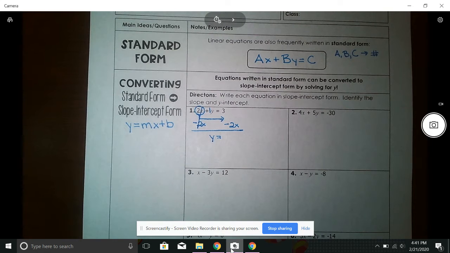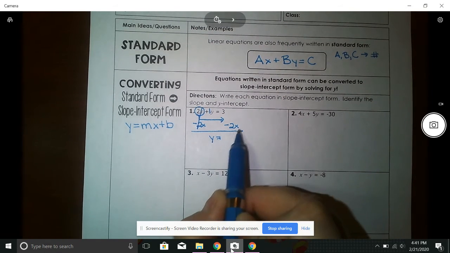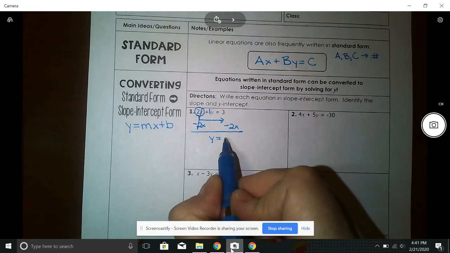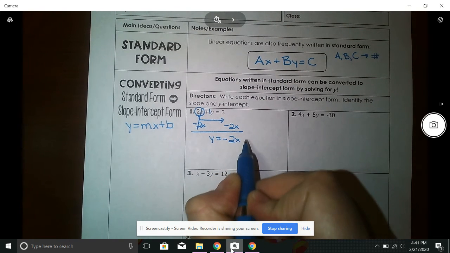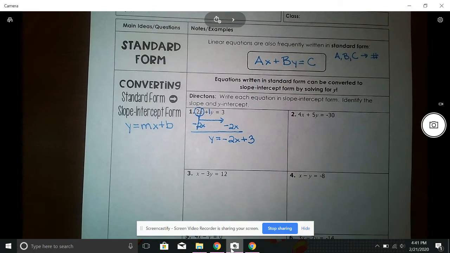And now I want to be really smart about how I write the order of the variables and the constants on the right side. I want to lead with mx. The negative 2x is the mx, and the positive 3, which is the constant, is the y-intercept.